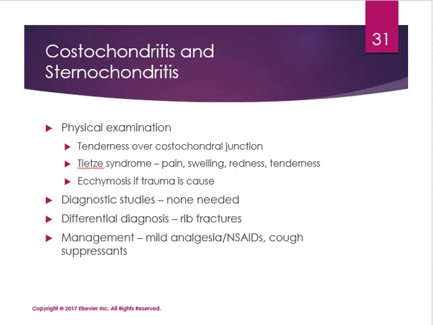You may see Tietze syndrome, which is pain, swelling, or redness or tenderness at a costochondral junction. If it's been caused by trauma, ecchymosis may be seen. Diagnostic studies are not indicated. Differential diagnosis may include rib fractures, and management includes mild analgesics, NSAIDs, and cough suppressants if cough is an issue.